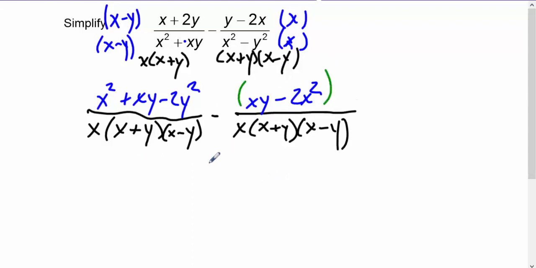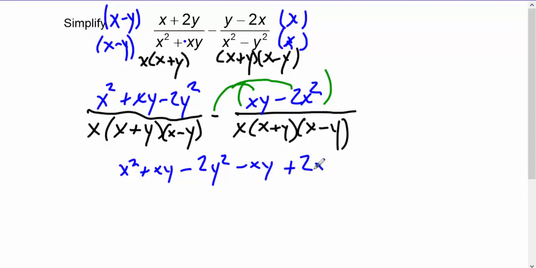This is one term, it's subtracted, so this subtraction needs to be distributed through, because I have to subtract an xy and subtract a negative 2x squared. So when I write this out, I'm going to get x squared plus xy minus 2y squared minus xy plus 2x squared all over x and x plus y and x minus y.